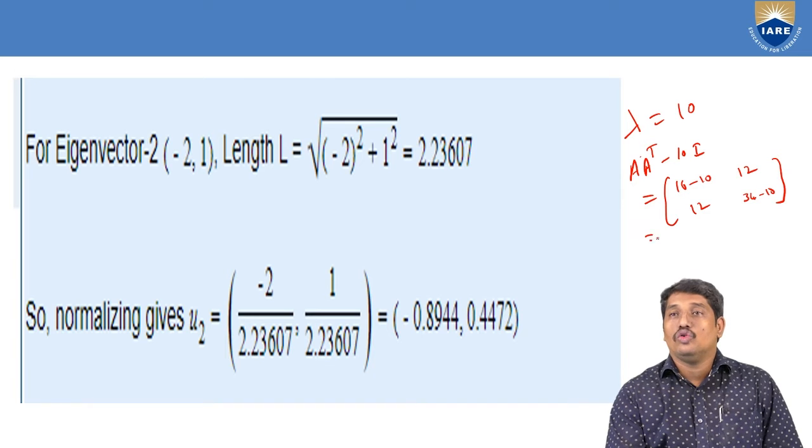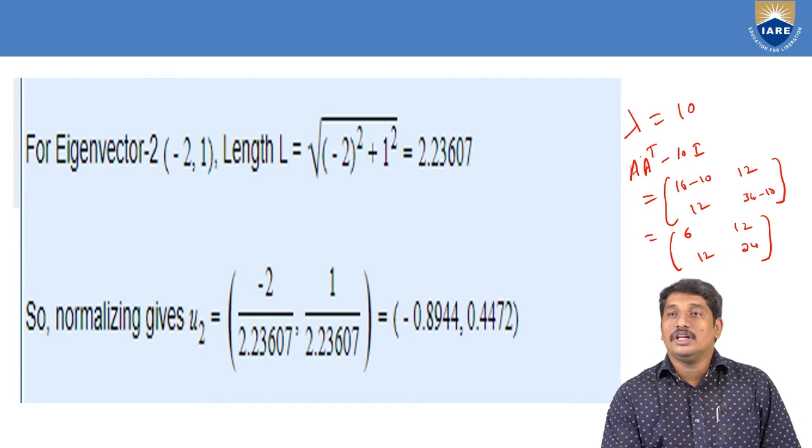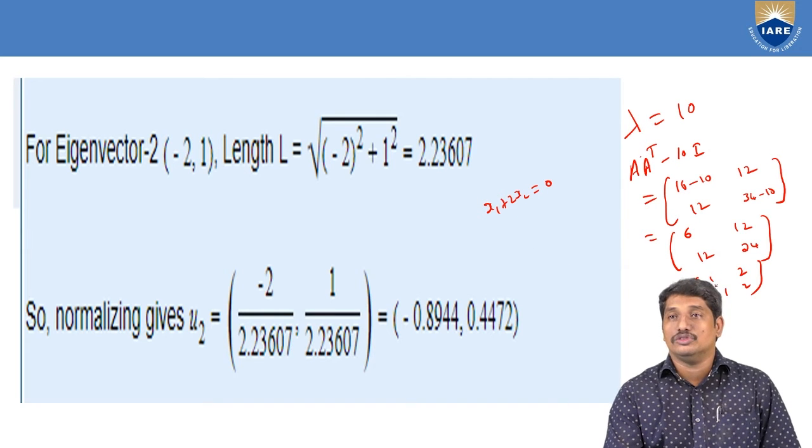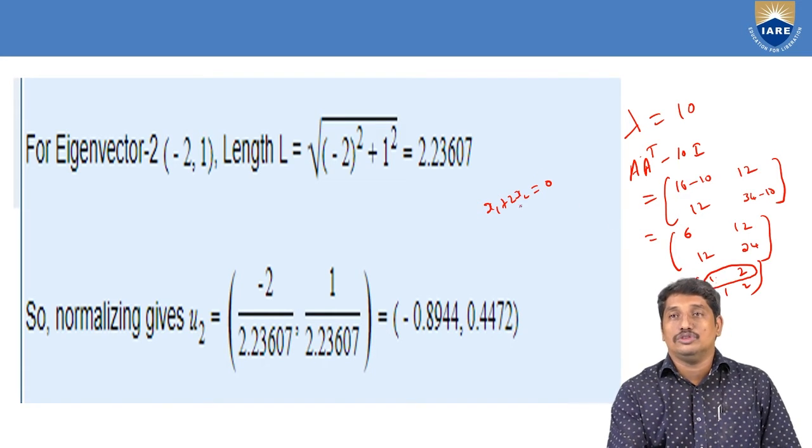So what we get is 6, 12, 12, 24. Similarly, we get this as 1, 2, 1, 2. So the eigen equation is x1 plus 2x2 is equal to 0. We write this from this row because these two are identical, so we can take only one row: 1x1 plus 2x2 is equal to 0.